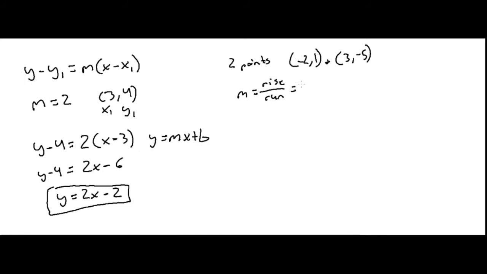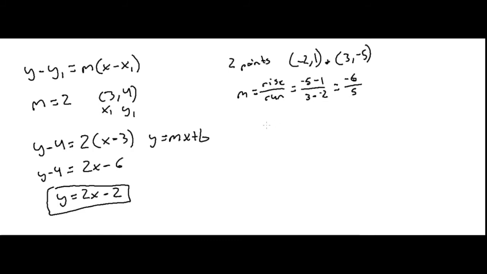So we'll have negative 5 minus 1 over 3 minus a negative 2. And that's going to be equal to negative 6 over 5.